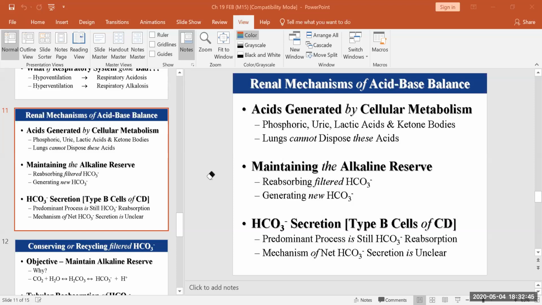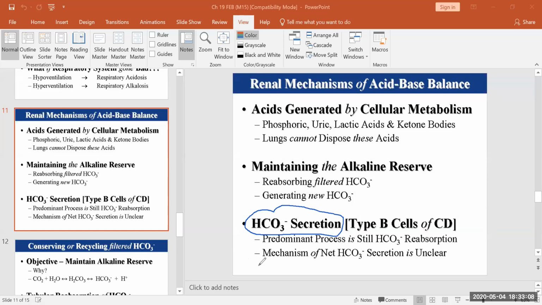So we take for granted our kidneys, but they are an amazing waste management system. There's also the concept of losing bicarbonate. The body can also secrete that bicarbonate, but that's not the predominant process. The main process is bicarbonate reabsorption.